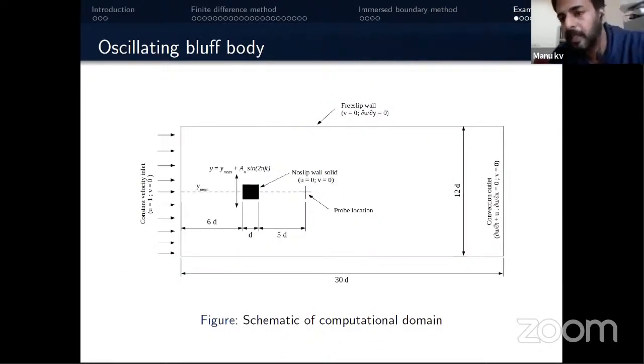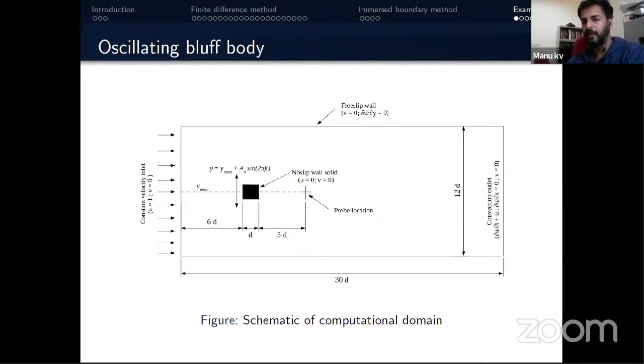So let's look at some of the examples which we have solved using our code. In this case, we solved the Navier-Stokes equation and energy equation, and we included the body in the computational domain. So we can select any body, and here the body is oscillating.